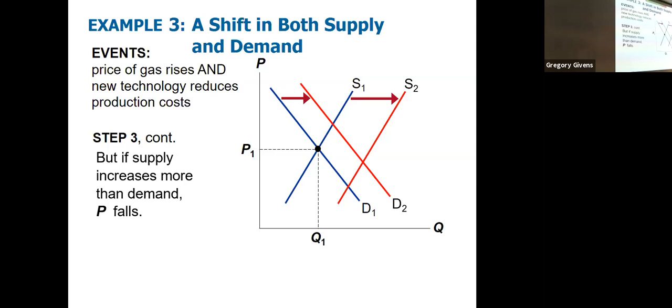So the supply curve shifted out a lot, but yet the demand was not as sensitive to an increase in gas prices. So demand didn't shift as much. What would happen to equilibrium prices and quantities in that case? Quantities would still go up. That is unambiguous, right? But the price would have actually gone down in equilibrium.